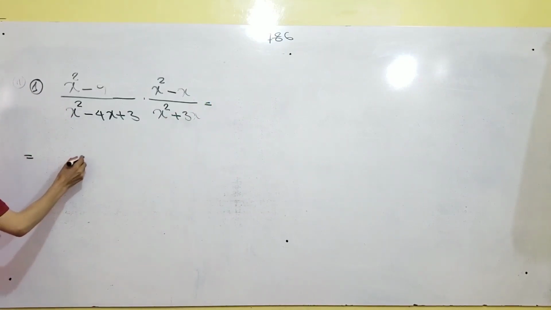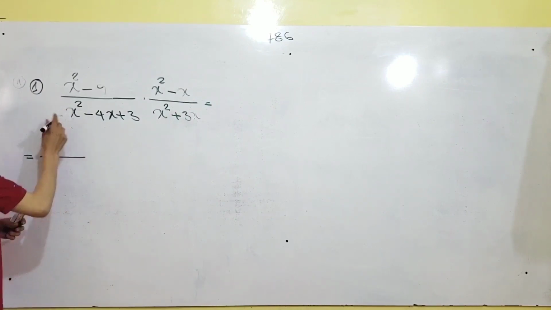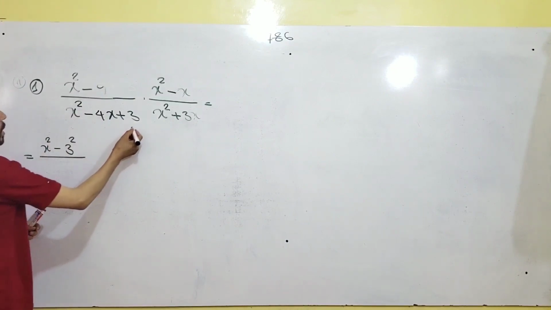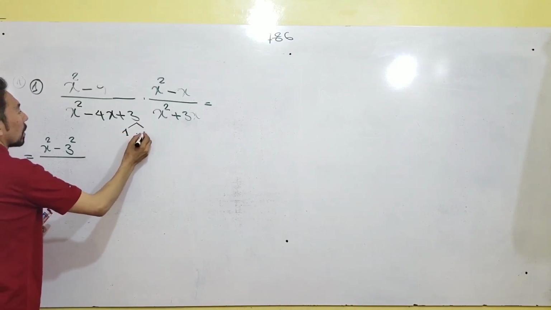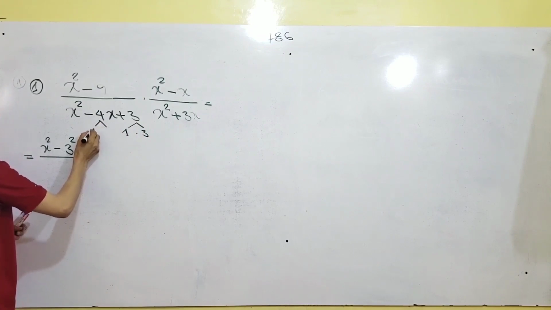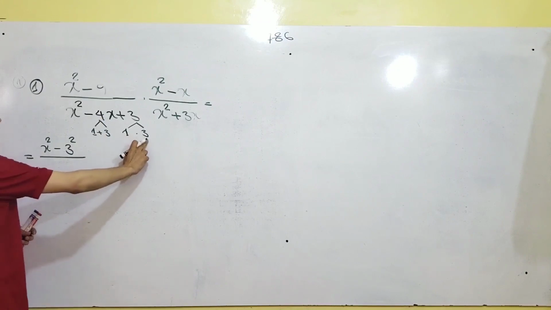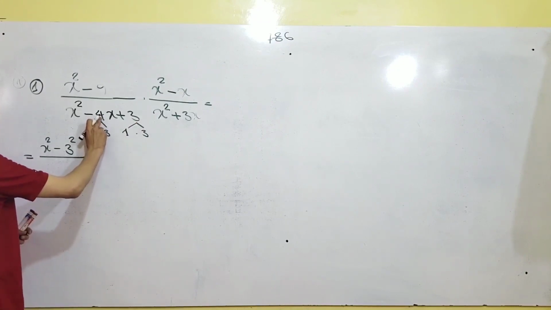Here, first of all, we factorize every numerator and denominator. For example, we have x squared minus 3 squared. Instead of 9, I write 3 squared. In the denominator, we should find two numbers whose product is 3 and whose sum is 4. 1 multiplied by 3 is 3, 1 plus 3 is 4.